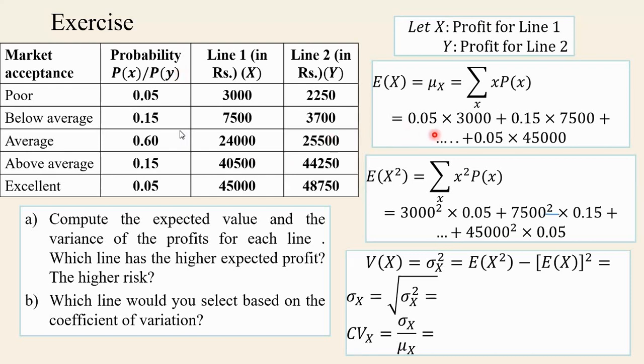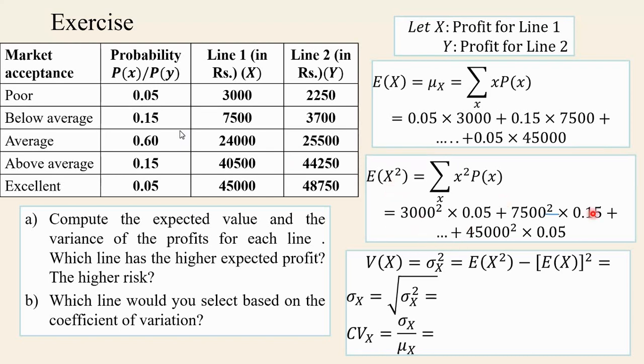Then for the first line, I am considering line 1, then expected value, because line 1 is denoted by X. That is mu of X, that is summation of X into P(X). You have to complete this one. Similarly, to get the variance, we are calculating the expected value of X squared, because we need this, right?